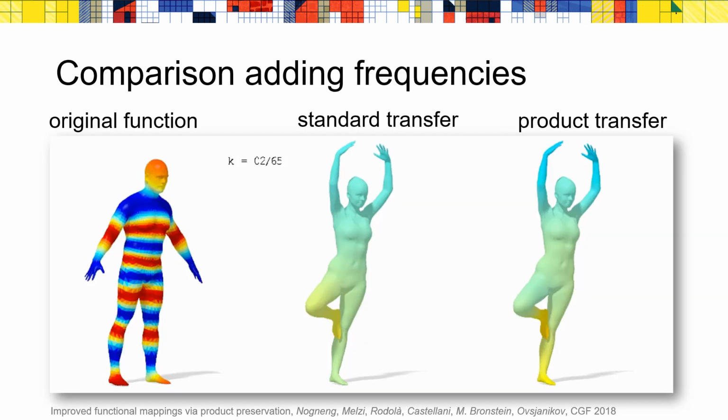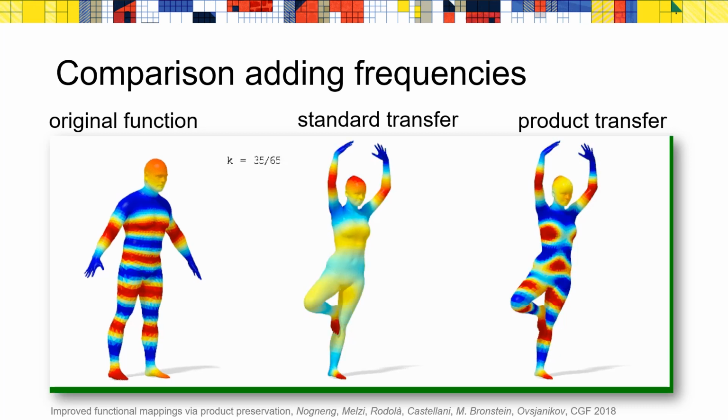Here we have a video in which, for an increasing number of Fourier bases, the signal on the left is transferred to the shape on the right. In the middle, we have the standard transfer obtained using the Fourier basis. On the right, we have the transfer that is obtained using, together with the Fourier basis, also the pointwise product of these functions.